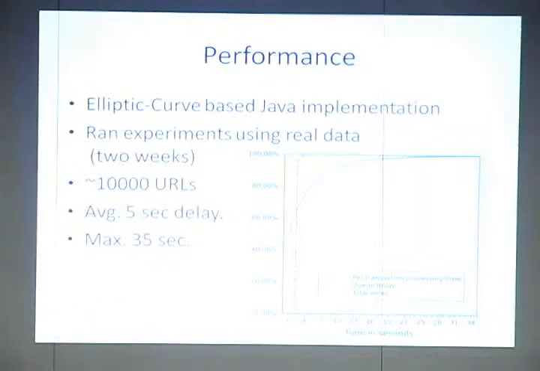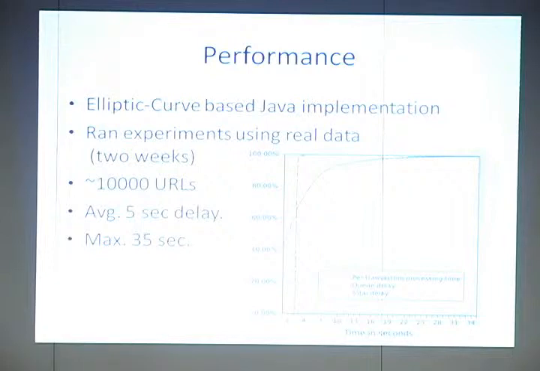So this is a graph showing the delay, the percentage of transactions that were delayed by this number of seconds. So per transaction, a single transaction basically is about 2.5 seconds, I think. This was on a fairly old computer. But because transactions get queued, sometimes the actual delay can be a bit longer.